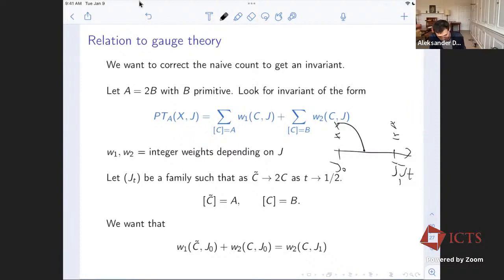Why? Because this can happen only if I have a sequence of curves, C twiddle T, which as T goes to some special time, converges as currents to 2 times C, where C twiddle T has homology class A, and C has homology class B.